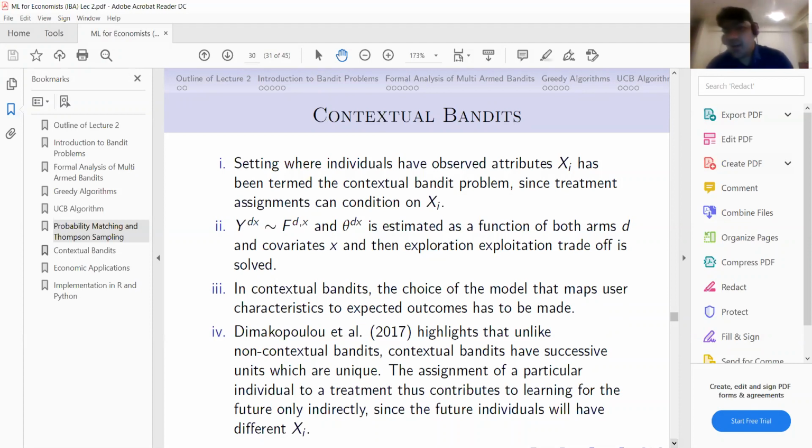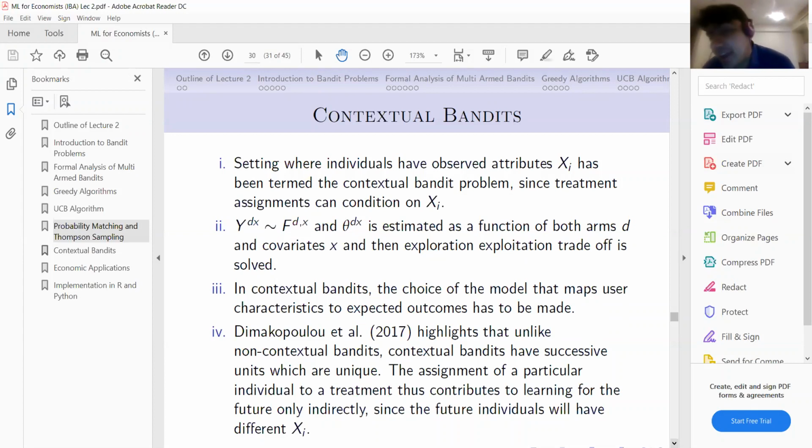So far we had non-contextual, or acontextual, bandits, in which we only had information about the rewards that you observe as a result of each action that you take. You don't observe any individual characteristics, because so far I was just telling you about the arms of a casino bandit. But in economic applications, these arms are not the arms of a casino.